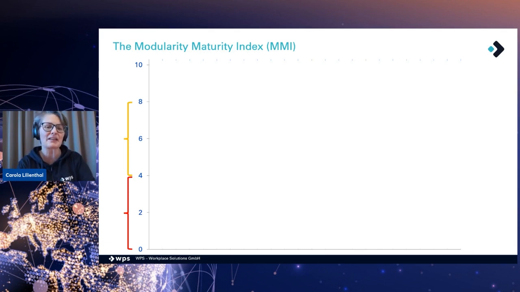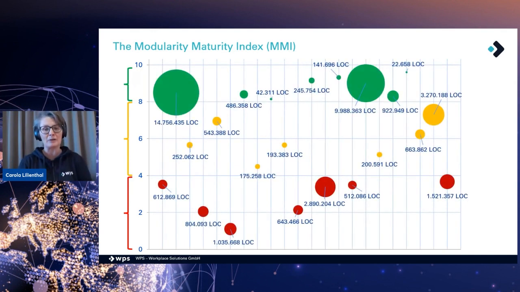And systems with a good modularization get a score above 8. Here you can see 21 systems that we have measured with the modularity maturity index. The sizes of the points correspond to the sizes of the systems in lines of code. From left to right, the systems are arranged according to the time at which we measured them. So we started with the little red one down there, and then we did the big green one, and then we did a yellow one, and so on.